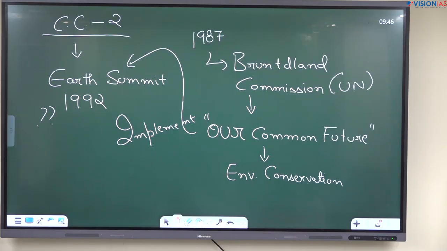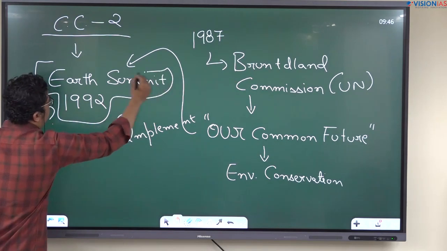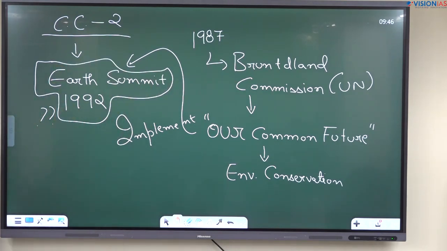It was a very big summit, continued for 10 days. India also participated in that. So this conference changed international politics a lot, because after this summit, environment became an important part of discussion in international politics.